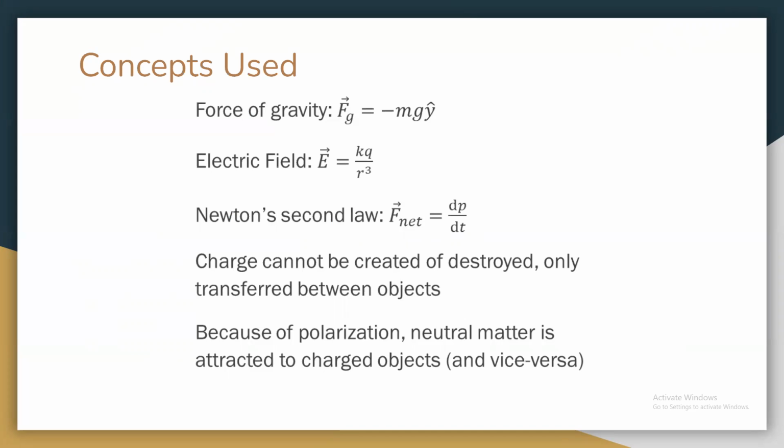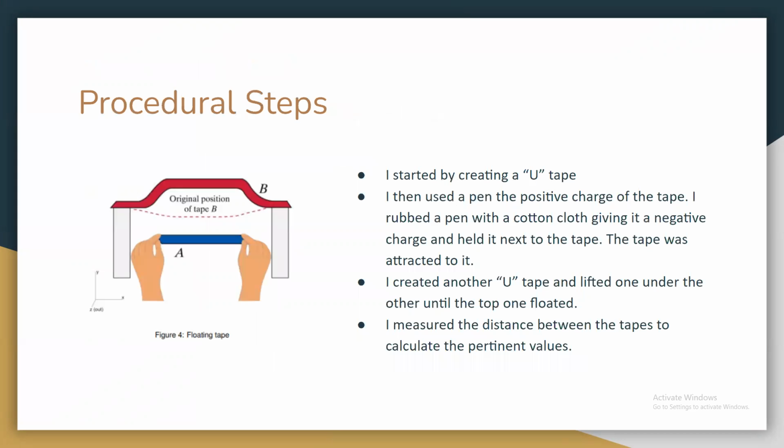Also, the conservation law of charge, which states that charge can't be created or destroyed, only transferred between objects. We also remember that neutral objects are attracted to charged objects. Other equations include the ones shown on the screen: the electric field equation, the force of gravity, and the equation for Newton's second law.